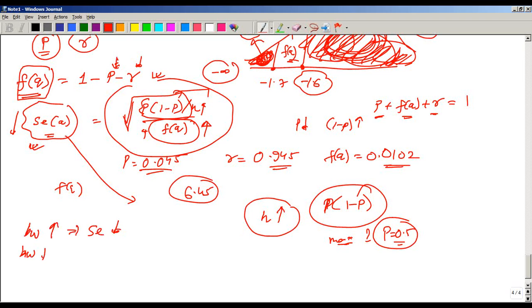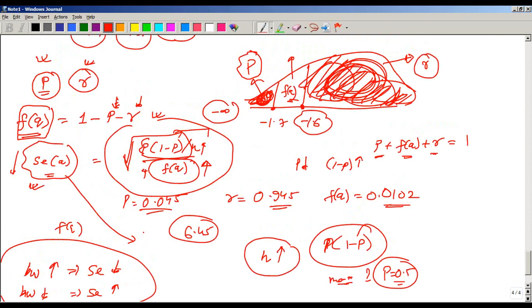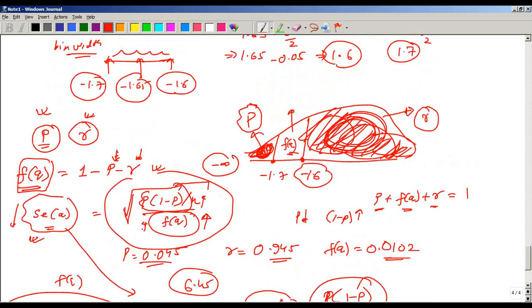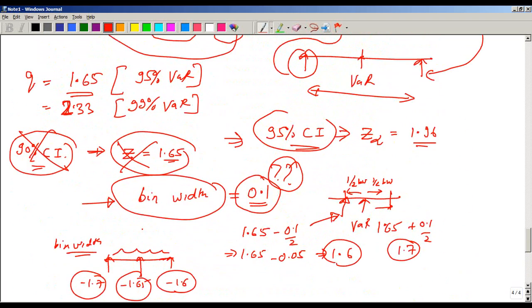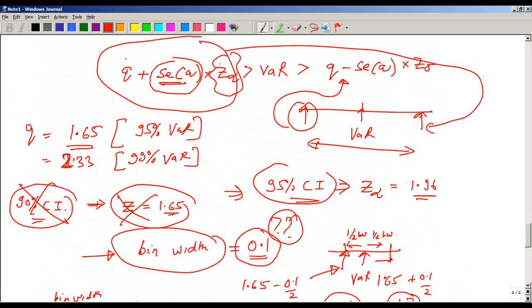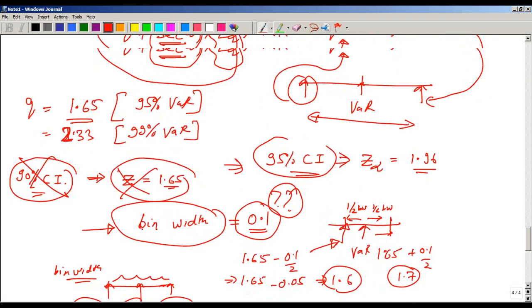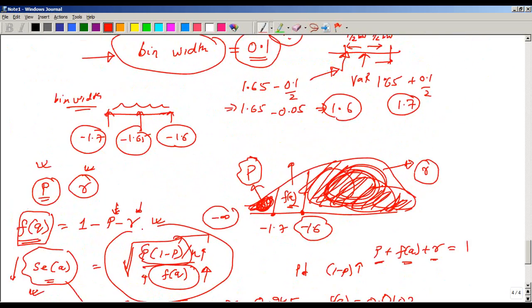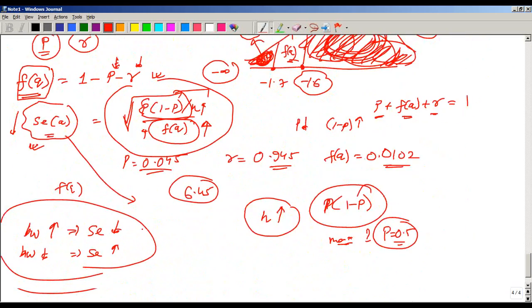If bin width is decreased, your standard error will increase. This is one of the things that you need to know. And the other things like Q and Z will all depend on those values.